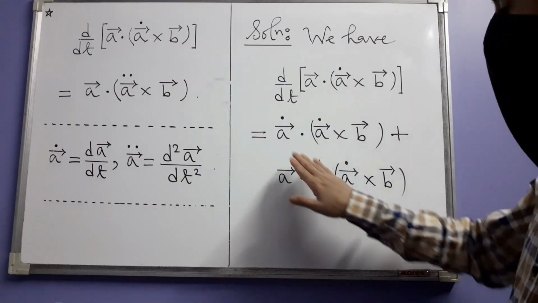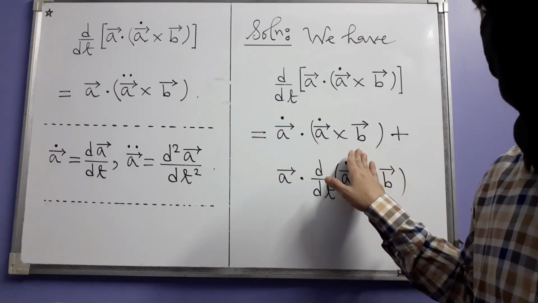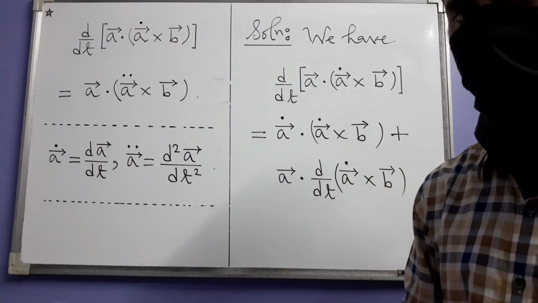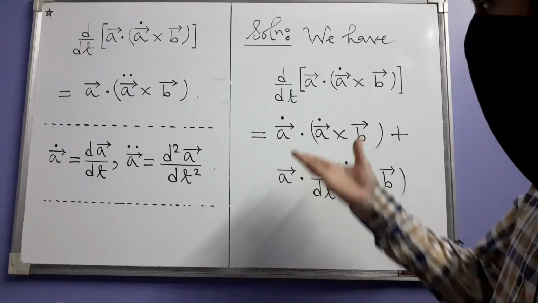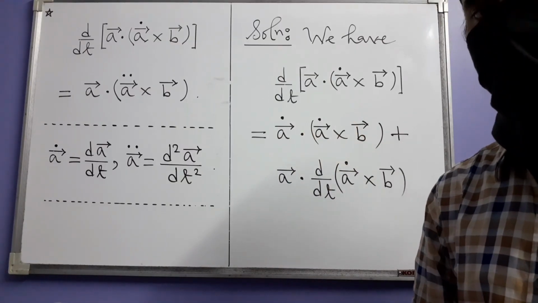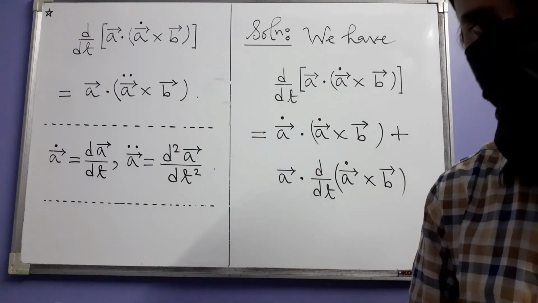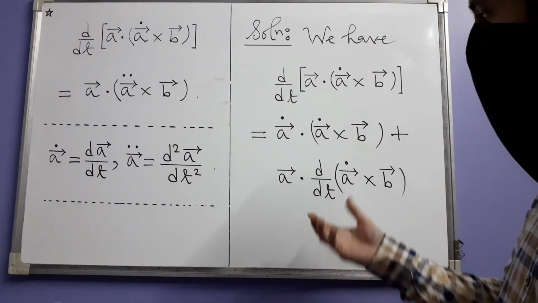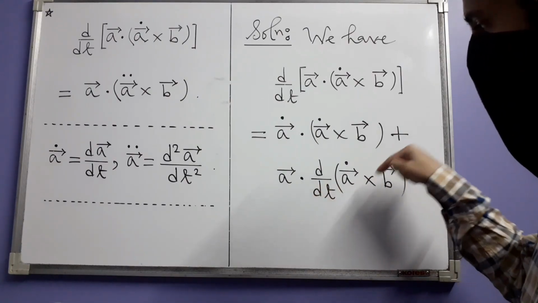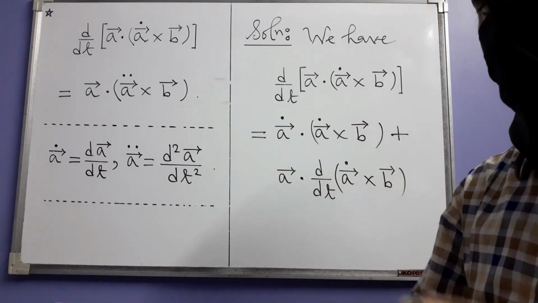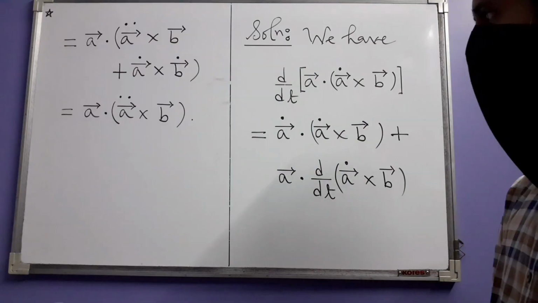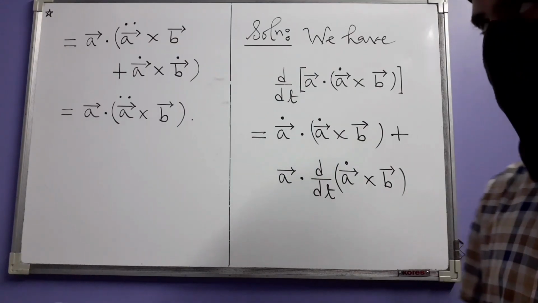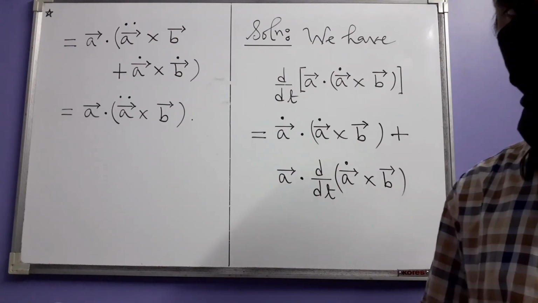So this is a triple scalar product where two of the three vectors are equal, and recall that when that happens, it becomes 0. 0 what? 0 scalar. So that means this will vanish and we will be left with this. And then further here we have to differentiate more. To carry out this differentiation, we have to apply rule 4 because we have a vector product here.